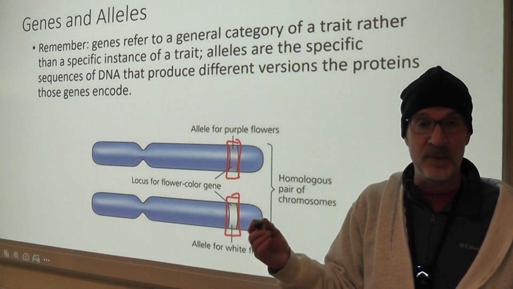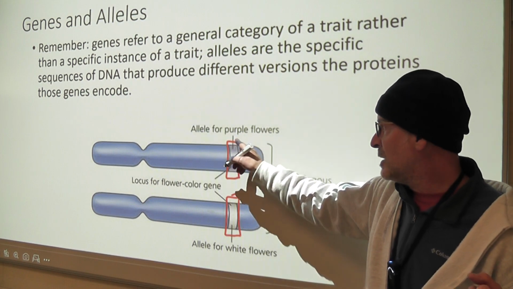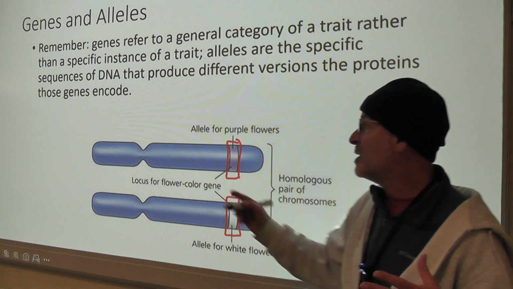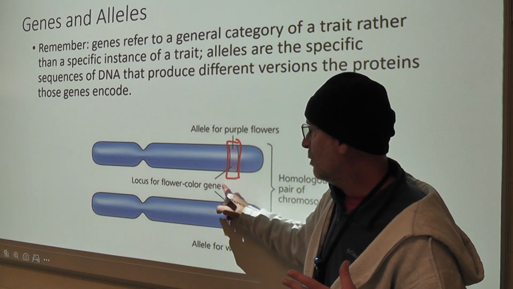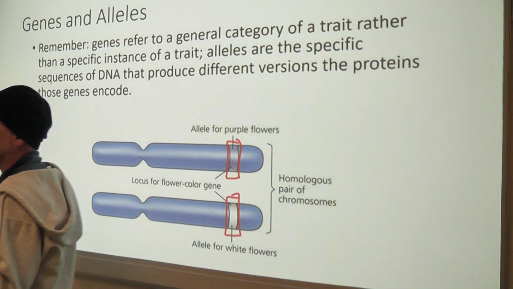So if we have 23 types of chromosomes, every single chromosome number 7 has a gene right here. If we're looking at plants, maybe this particular chromosome has a gene for flower color right here. Flower color is a category. It's a kind of a gene.